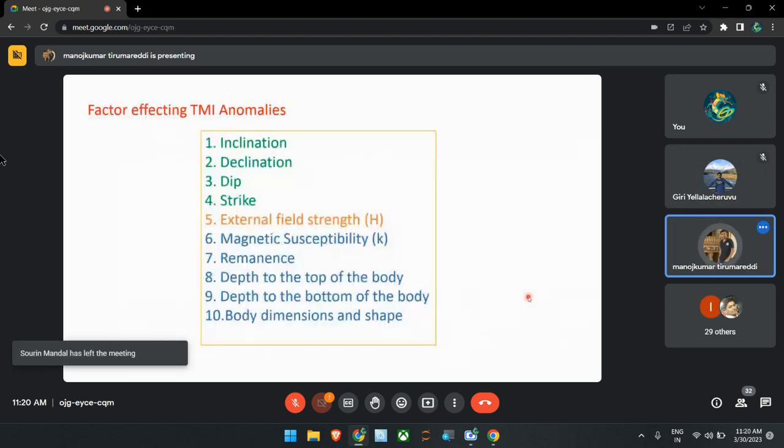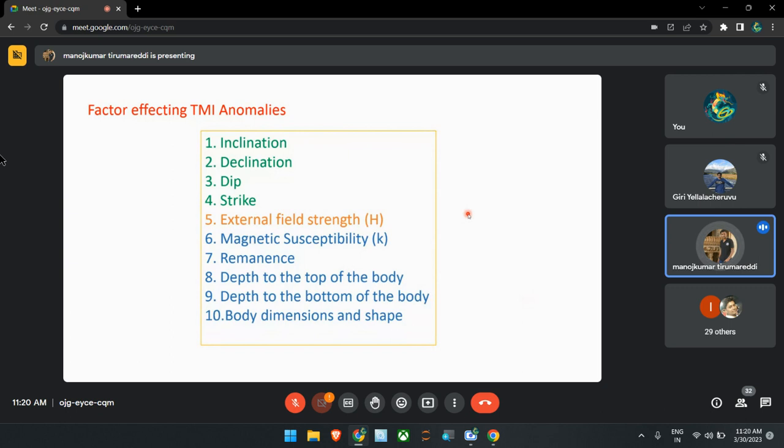So coming to factors affecting TMI anomalies, there are mainly two types of factors. One is body parameters or properties. Another one is orientation of the body with respect to the applied magnetic field or primary field. Don't confuse primary and secondary with EM fields.